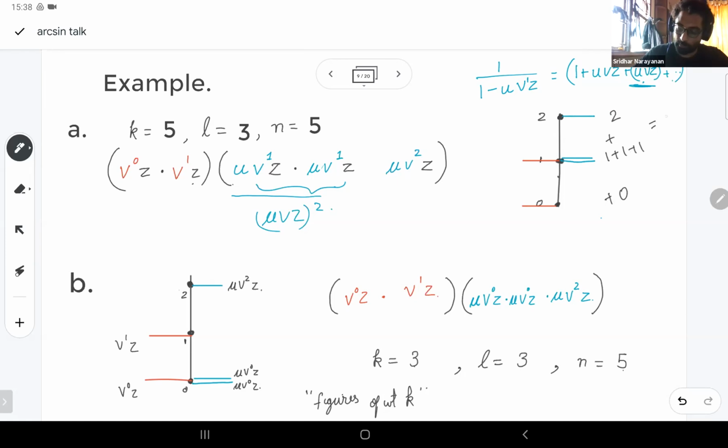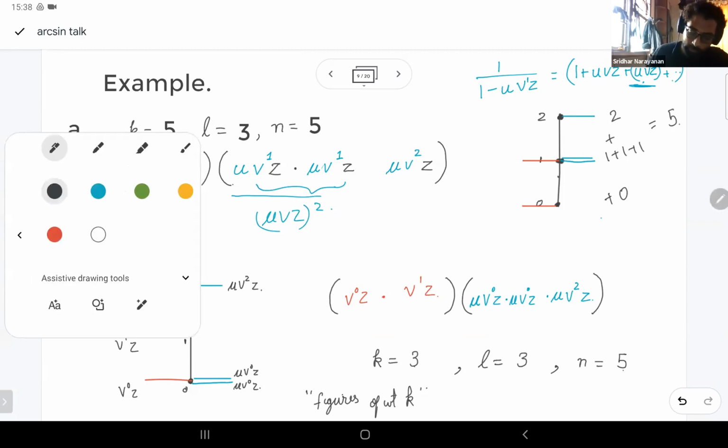So the weight of this figure will be 5. The weight of the figure becomes the exponent on v. The number of blue parts becomes the exponent on u, and the number of total parts becomes the exponent on z. So it would help if you rewrite that, v to the k, u to the l, and so on.